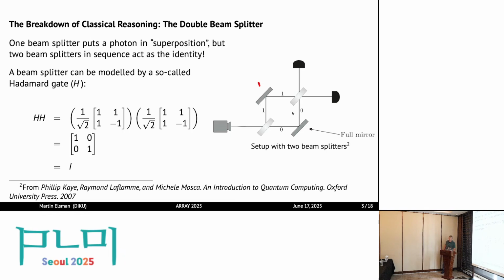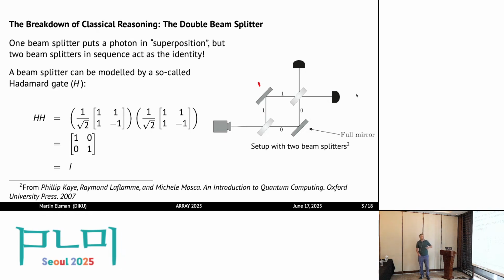And then you have mirrors here, and they will come back here, meet another beam splitter, and then you would envision that half of them would go up and be detected here, and half of them here. This would be if you had a probabilistic view on how this would work. The problem is that this is just not how physics works. What you'll see when you do this experiment is that they all come out and are measured in this particular detector here.